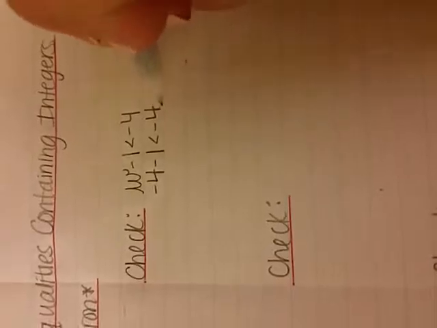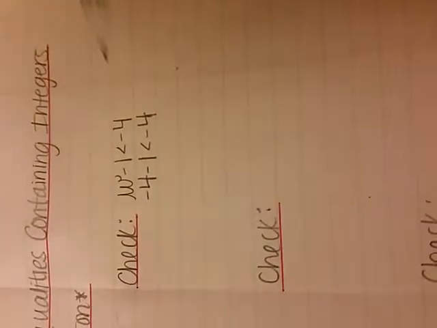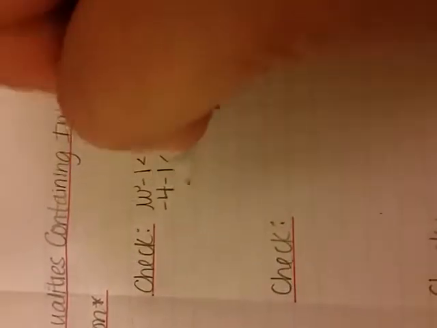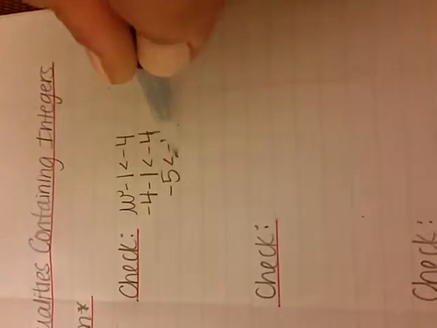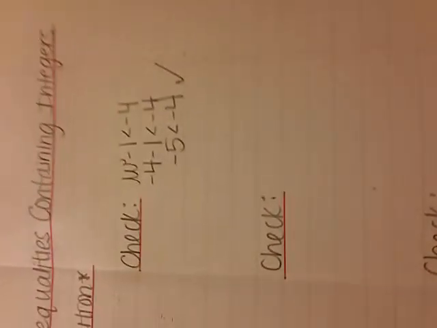So negative 4 minus 1 is less than negative 4. I'm going to go ahead and simplify my left-hand side. Negative 4 minus 1 is negative 5. And negative 5 is less than negative 4. That checks out, it's correct.